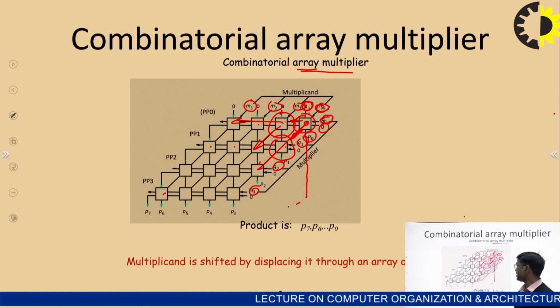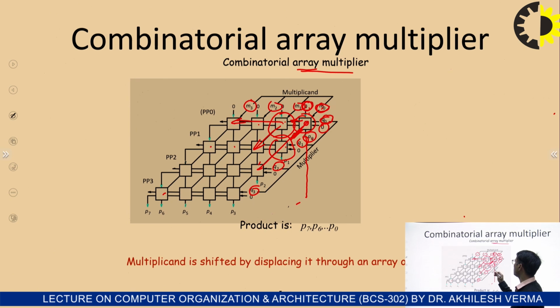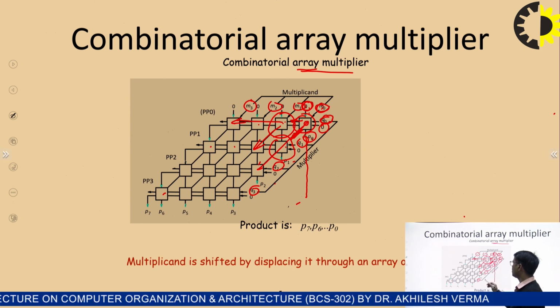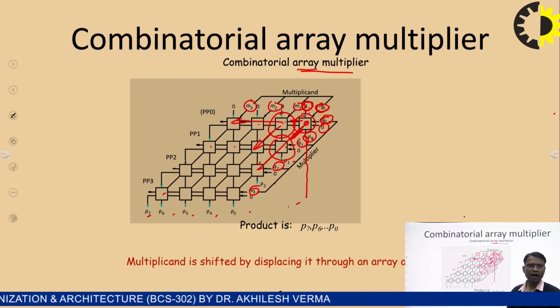So, we can easily see that the partial product is not generated in one go, it is generated one after another. So, the results P0, P1, P2, P3, P4, P5, P6 and P7 will come after a small gap of interval, fine.